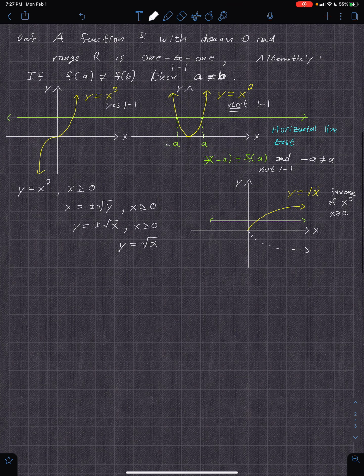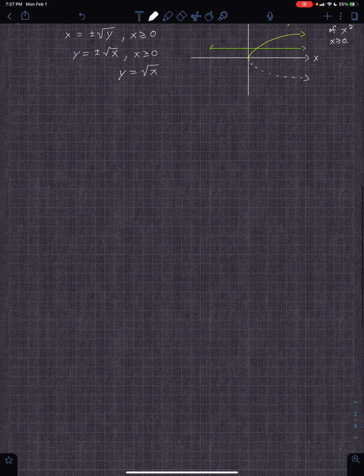Okay. So definition of inverse. Here's the next important concept. Definition of inverse.